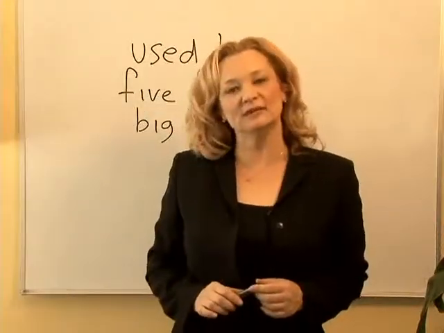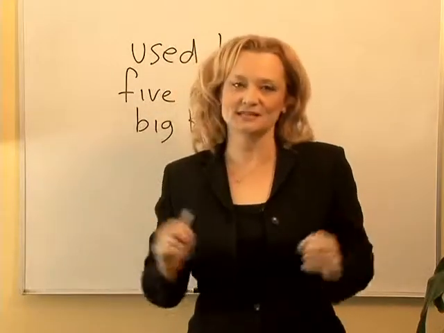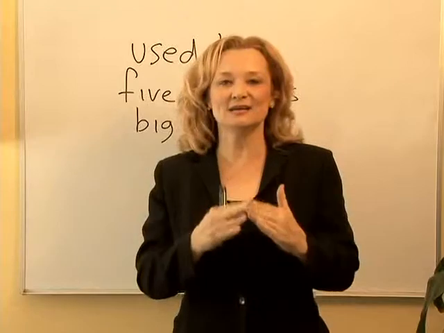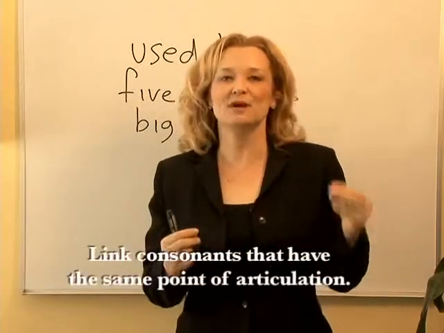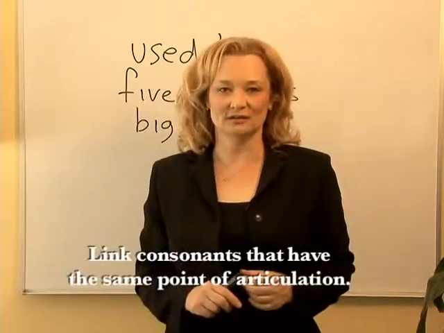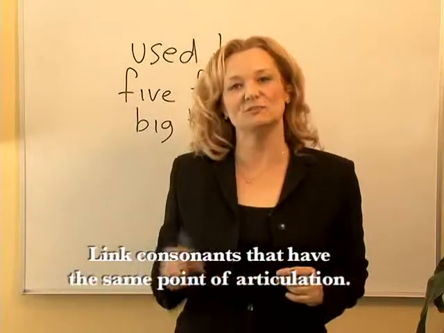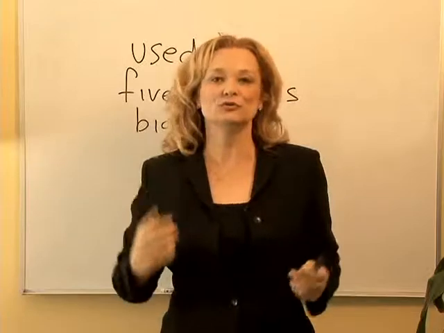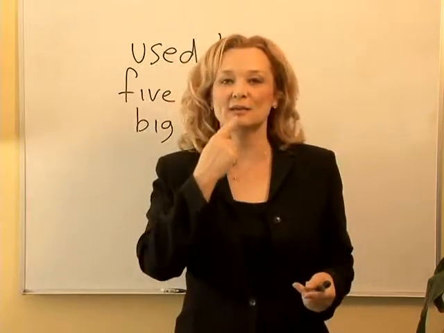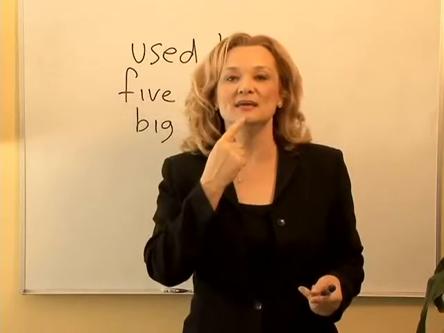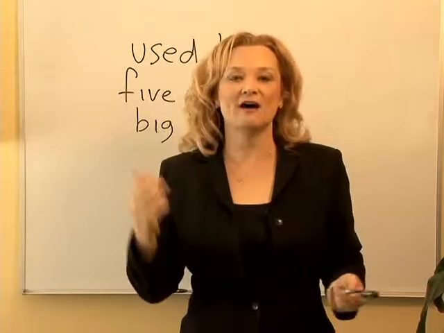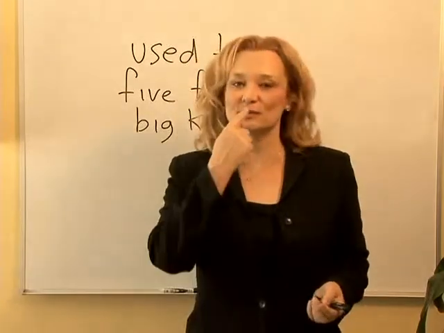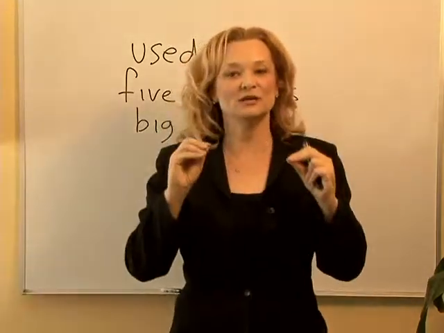The second rule of linking one consonant to another consonant is that we link consonants that have the same point of articulation. The point of articulation means the point of contact that is made for you to produce sounds. For example, P and B have the same point of articulation because both of them require the lips to close.